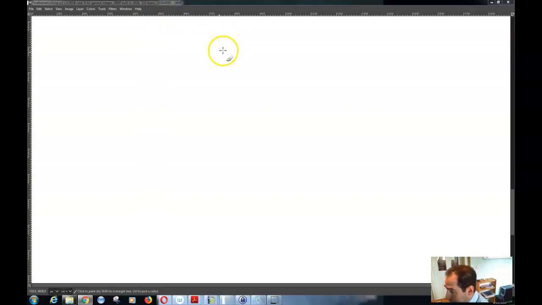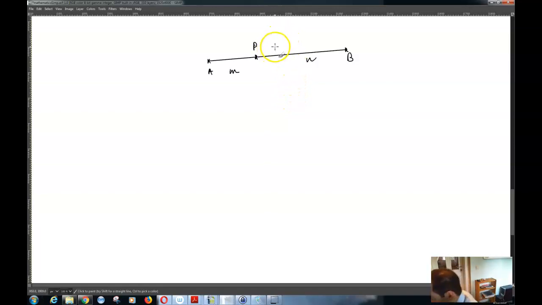If a point divides a line segment, suppose that for example this is A and B, and this is some point, I don't know, P for example, that divides this line internally in the ratio m to n. Then of course there are two different cases that you need to consider.